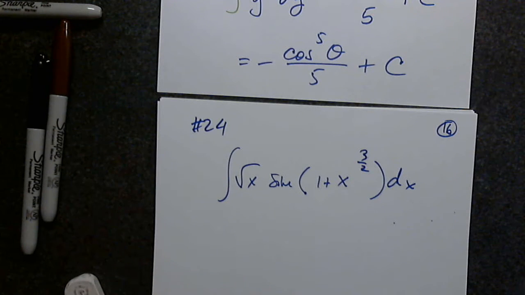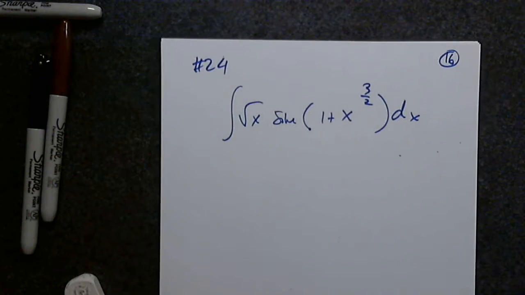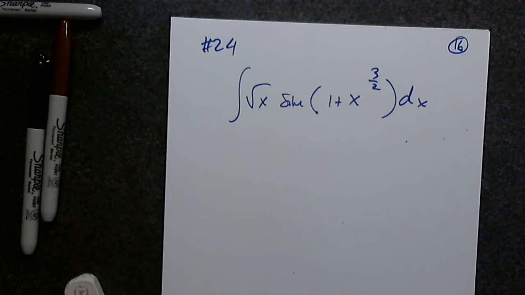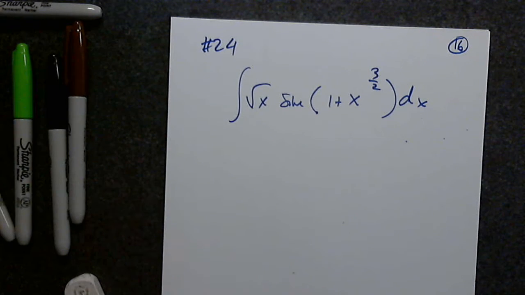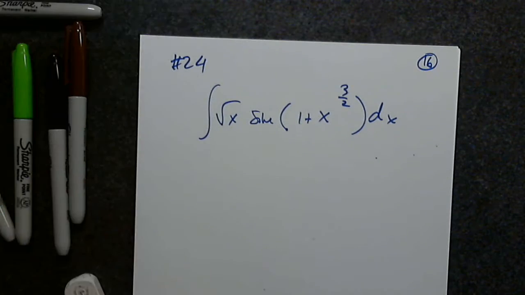Okay, so I have the square root of x, and I have sine of blah and dx. I don't want to see anything like that inside sine. It pokes me in the eye. So then, what will you do or say or write?